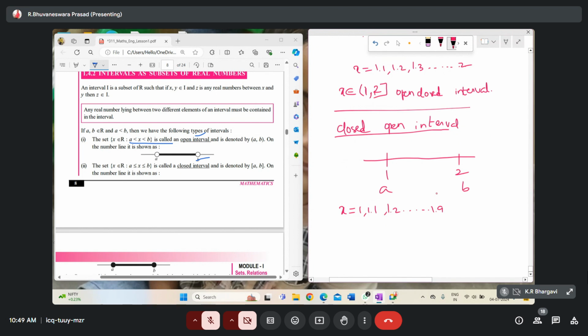It started from 1 but ends with 1.9. It's not ending at 2, right? So then x belongs to closed interval 1 comma open interval 2. Open interval means it doesn't include the range edges, the boundaries. Closed interval means it includes the boundaries also.